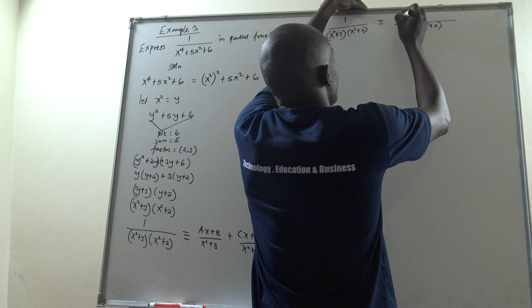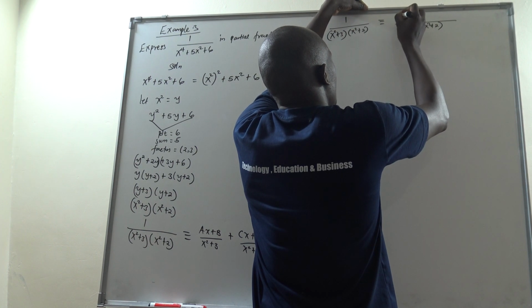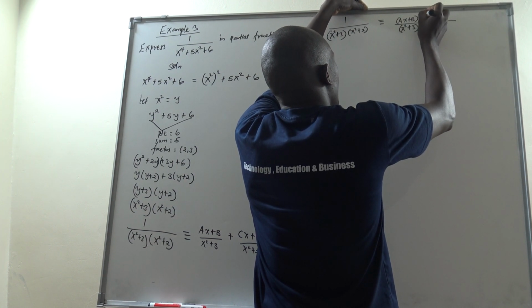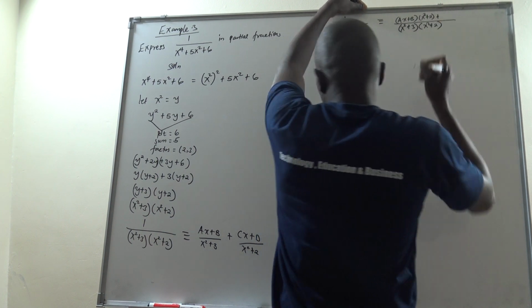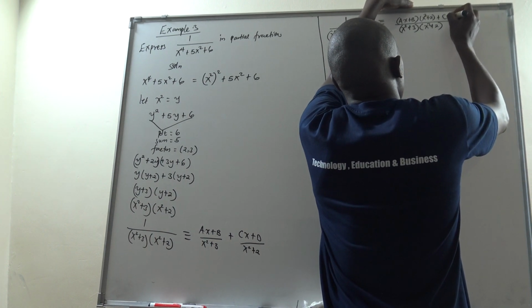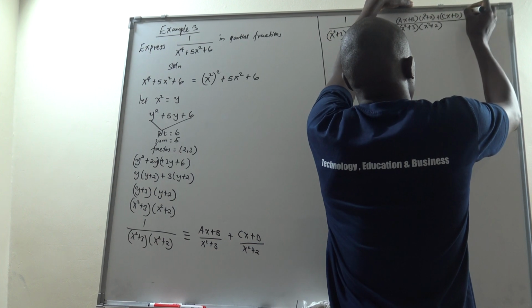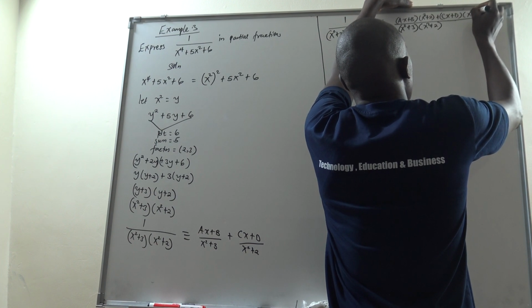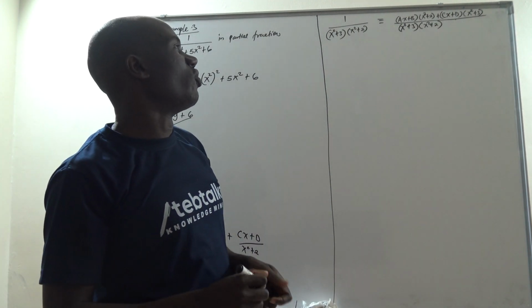So we are going to have ax plus b into x squared plus 2, then plus the whole of that one, we are having cx plus d into x squared plus 3. So what happens with the denominators?